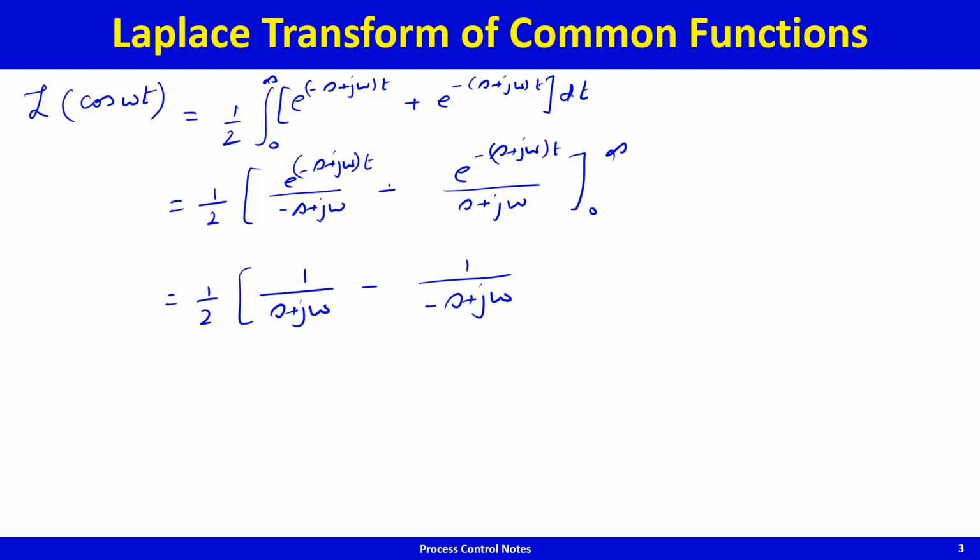So when you go to 0, you'll have the negative limit. Negative limit. This is going to be plus. This is minus. Okay. I think I messed up a sign there.